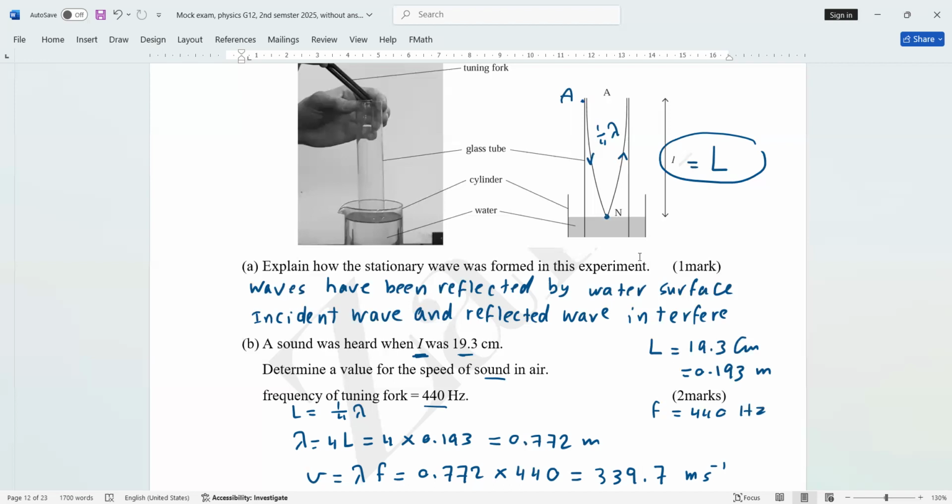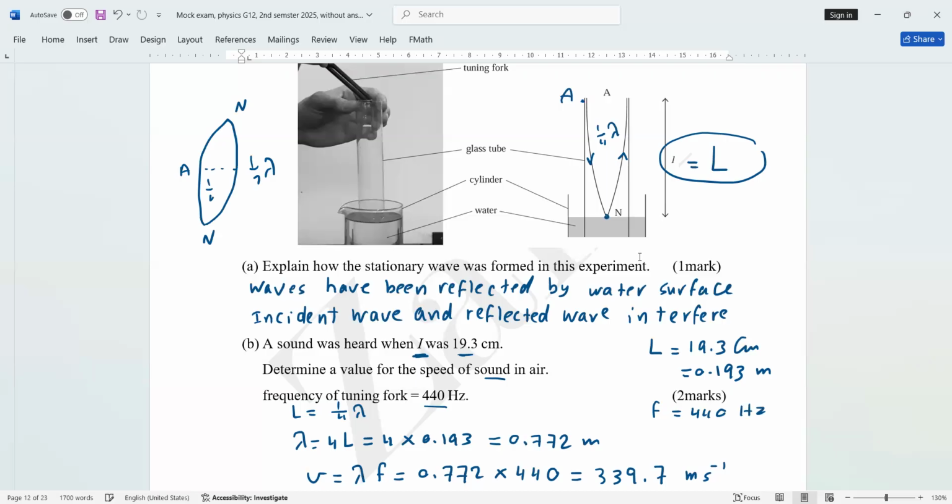In case of air or pipe, the distance between node and antinode is quarter lambda, because the distance between node and node is like this. Node and node, it's a half lambda. Then between node and antinode is quarter lambda.